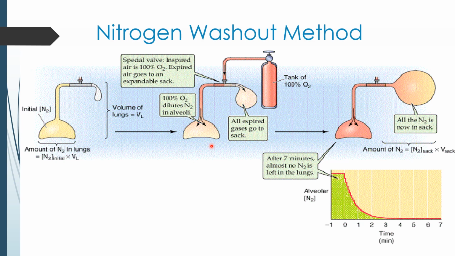So the FRC is calculated as 2000 into 100 by 80, which comes to around 2500 milliliter. So this Douglas bag plays an important role, and it is calculated from the collected gas.